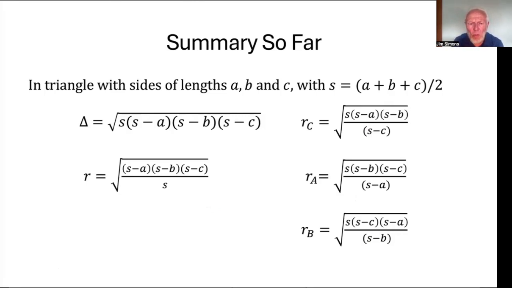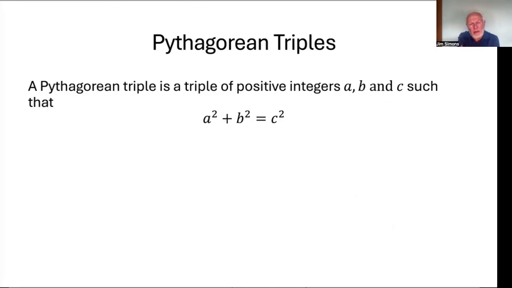Well, what we can do is turn to another ancient Greek, Euclid, and use Euclid's formula. This is about Pythagorean triples. So now we're going to forget not just about right-angled triangles, but about triangles completely, and just do some number theory. A Pythagorean triple is a triple of positive integers A, B, and C such that A squared plus B squared equals C squared.